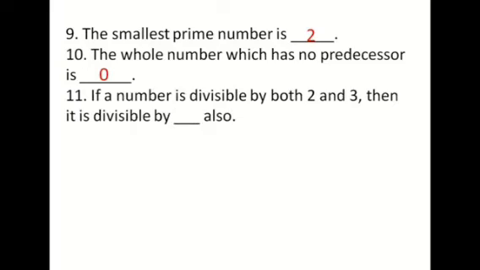If a number is divisible by both 2 and 3, then it is divisible by dash also. It's a rule of test of divisibility. Can you remember? If a number is divisible by both 2 and 3, then the number is also divisible by 6. Yes. Finish it.